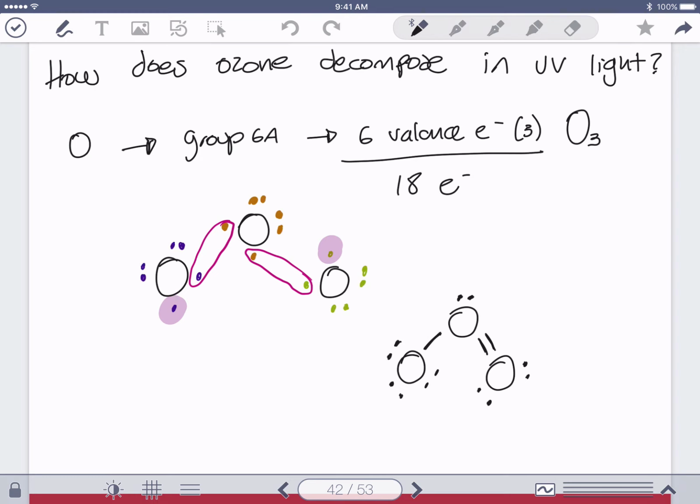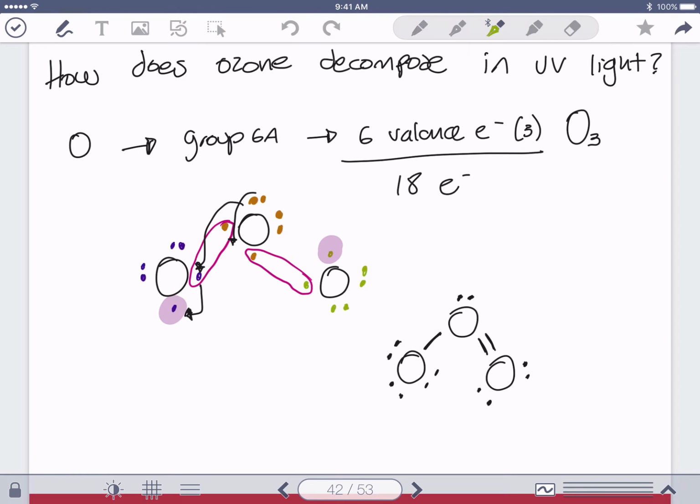What happened is that this electron actually migrated over here. And then this middle oxygen rearranged electrons in a different way, where I have one electron coming over here and another electron coming over here, so I can form that double bond. And then over here, I'm just going to form that single bond.